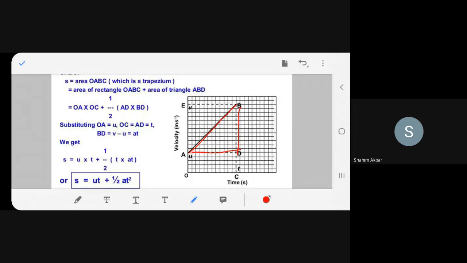Can you tell me? Triangle. It is a triangle. So the trapezium is made up of a rectangle plus a triangle. So I have to first find the area of the rectangle, then the area of the triangle. Okay?